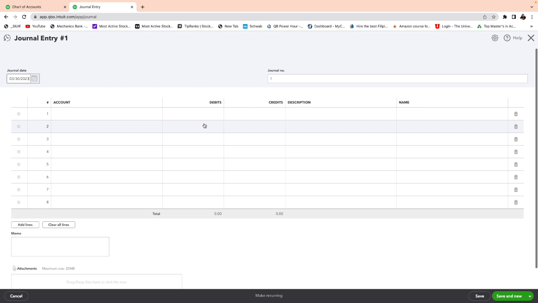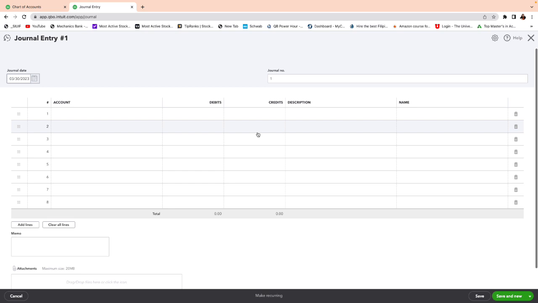Or, for instance, let's suppose that you purchased this with a personal card and you can't just record it on your bank account. So what do you do? You record it into an owner's investment account. So you debit the expense and credit that equity account, such as owner's investment or owner's equity, right?